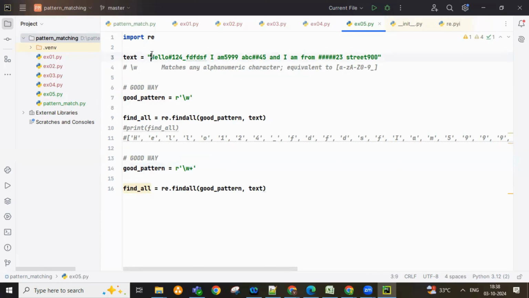It starts matching here. Any character that comes here, this one word. We got it? So this is the first match. And the second match starts here until space, correct? Because space is also something new.